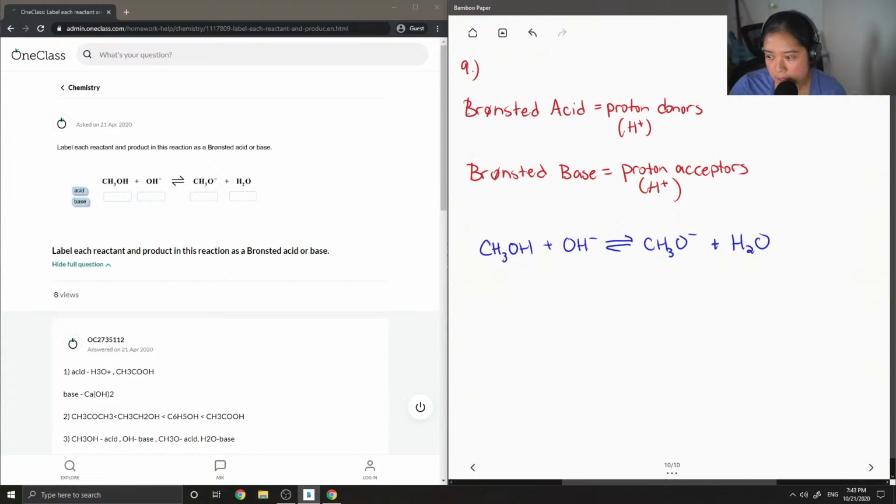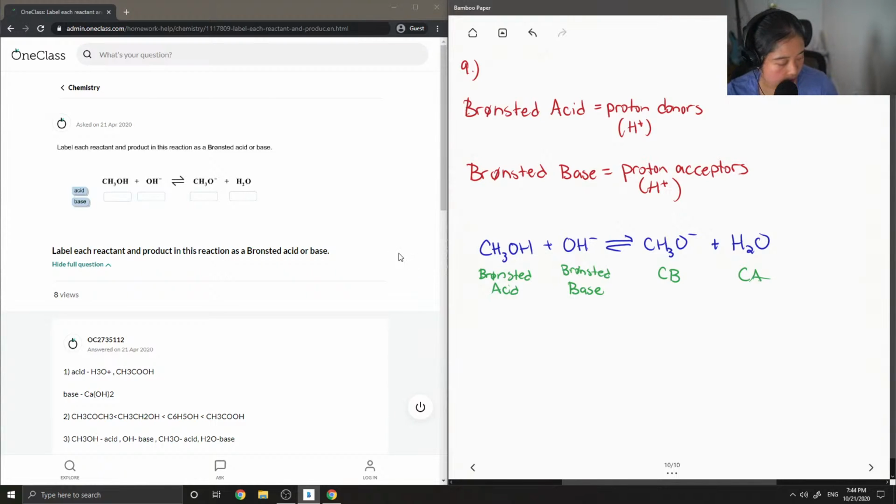Okay, so already we can see that our methanol was the one that donated its proton to the OH-, making this the Bronsted acid. And our hydroxide ion is the Bronsted base. And then the deprotonated methanol becomes our conjugate base. And then that leaves water to be our conjugate acid.